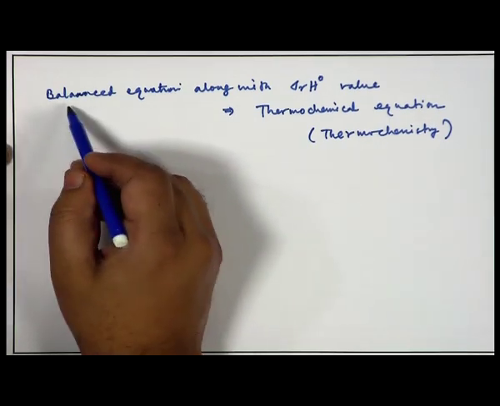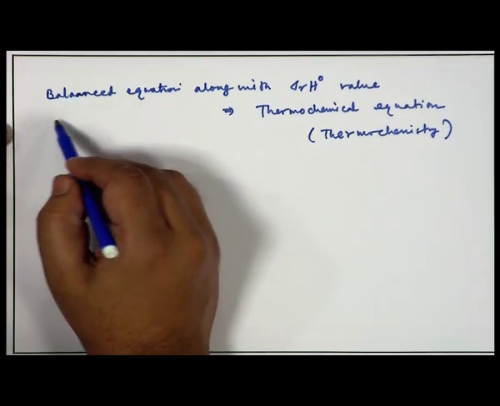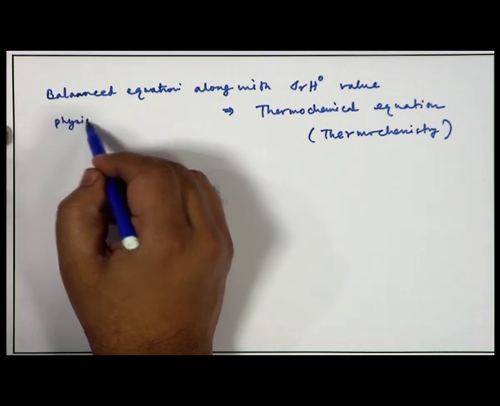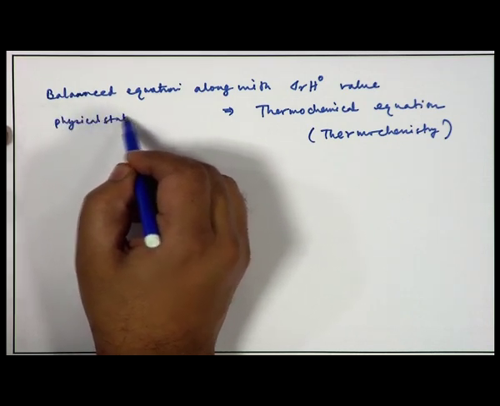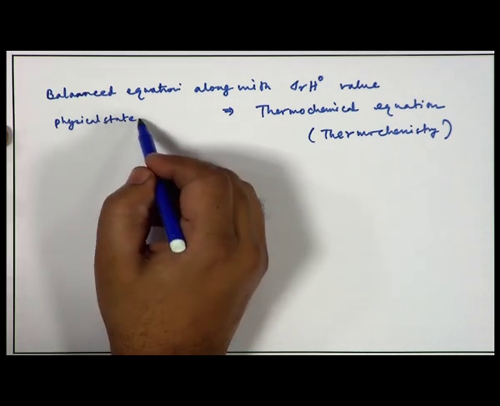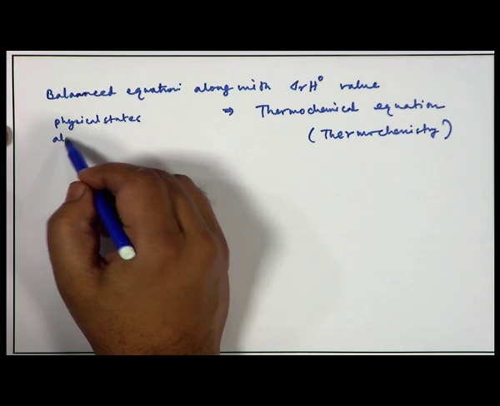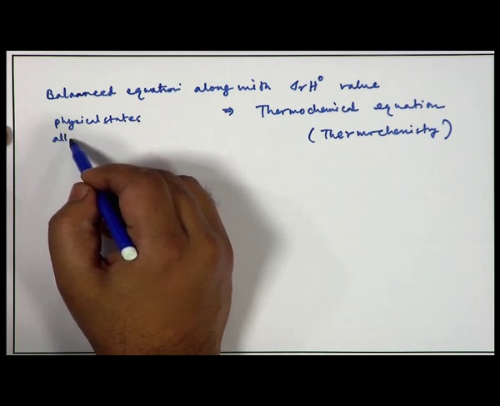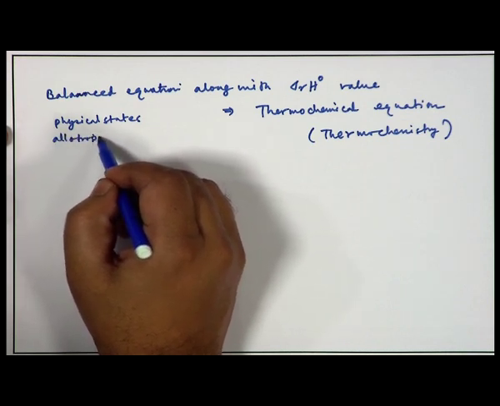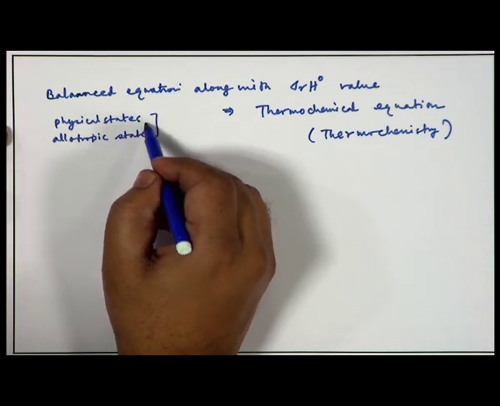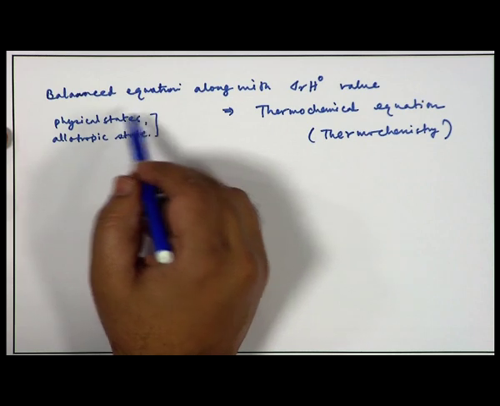Now, in this balanced equation we have to mention the physical state of the reactants and products, and if it is in a particular allotropic state, we also have to mention that. So, these we have to take care of in the balanced equation.